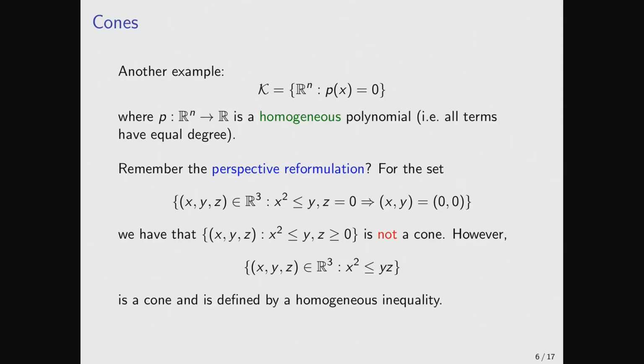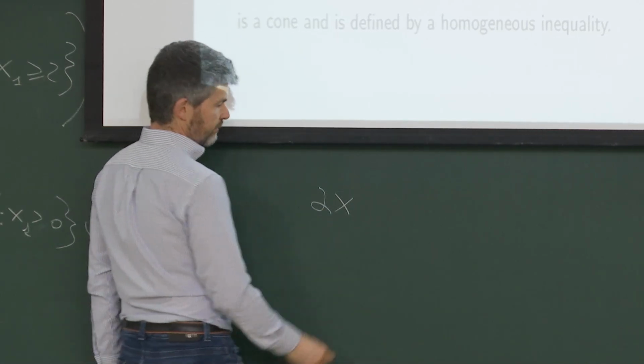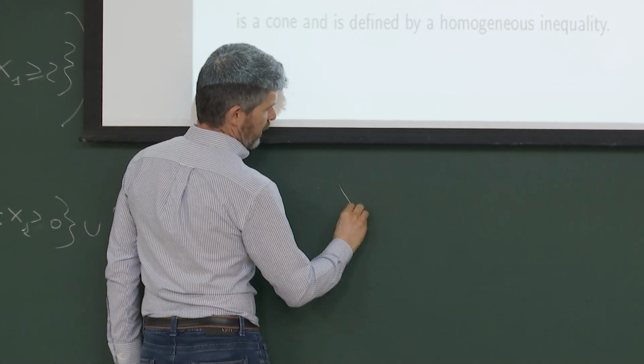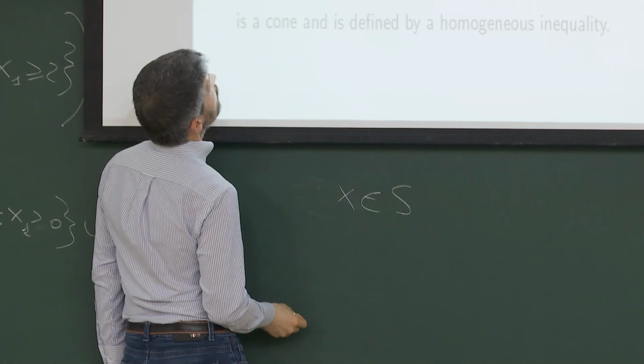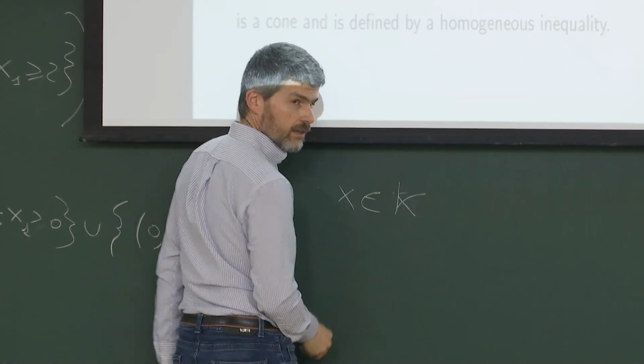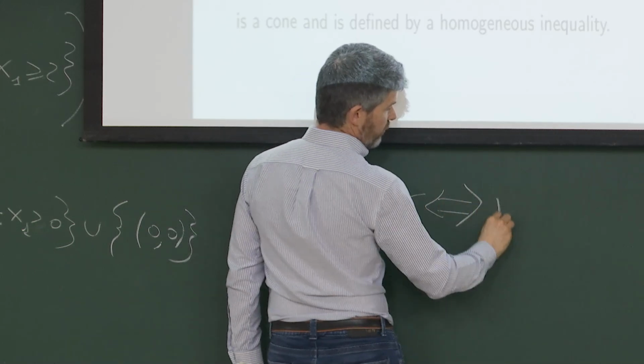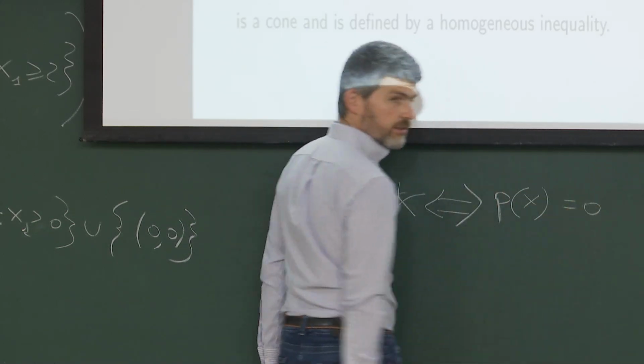Okay, another example. Any set described by a single equation, p of x equal to 0, where p is a homogeneous polynomial, that is a polynomial where every term has the same degree, is a cone. Why is that the case? Because if x belongs to the set S, to the cone K, this is only true if p of x is equal to 0.